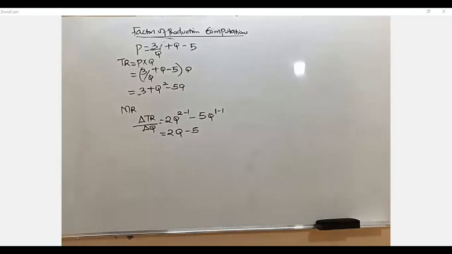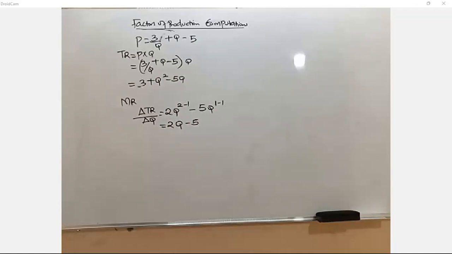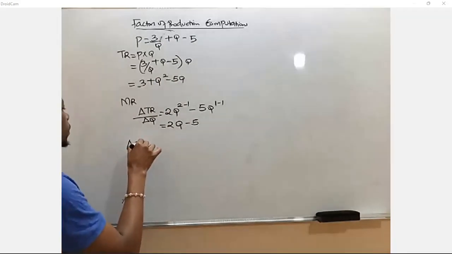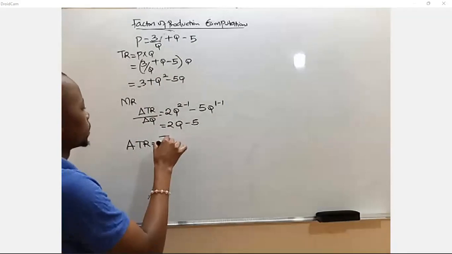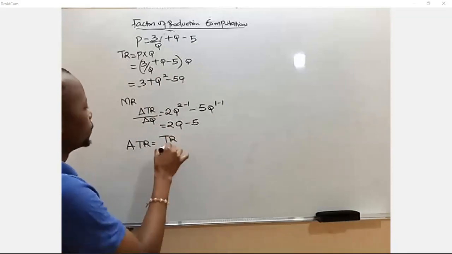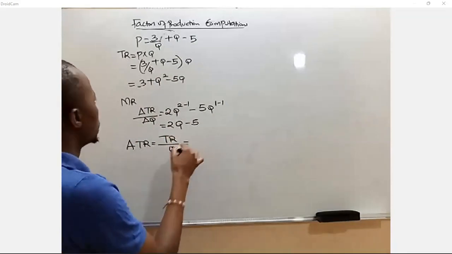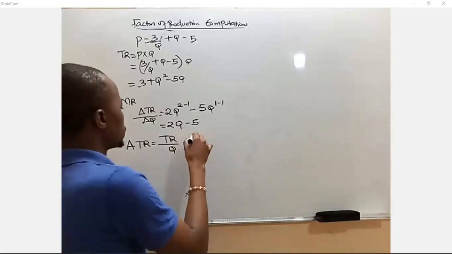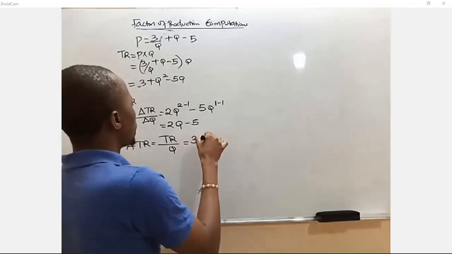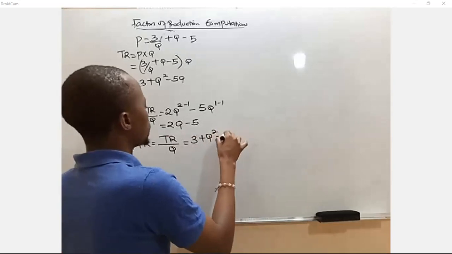Now, the other thing is, what is the examiner asking? The examiner is asking about the average total revenue, which I am supposed to get by taking the total revenue and dividing it by Q. The total revenue function of ours is 3 plus Q squared minus 5Q.